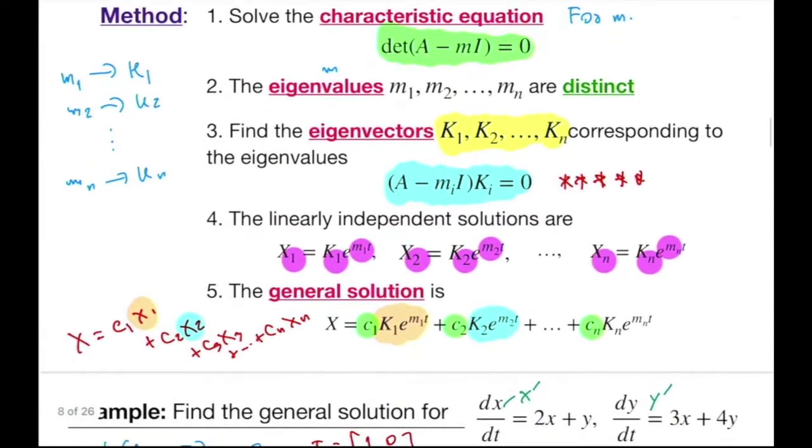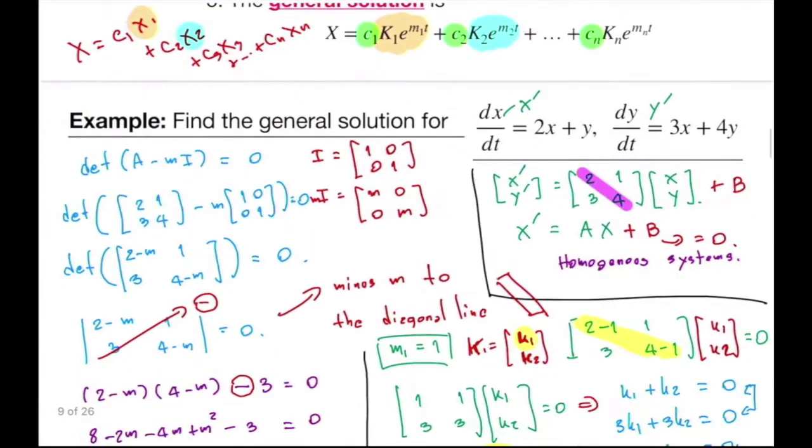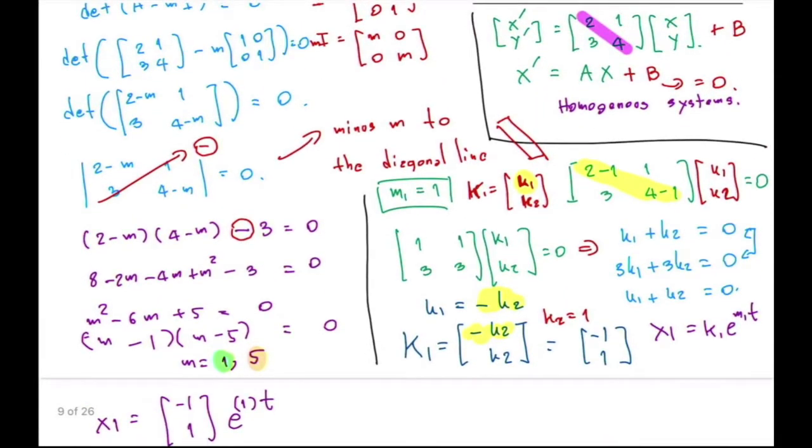We have m1, and we need to find k1 using the equation A minus m I times k equals 0.